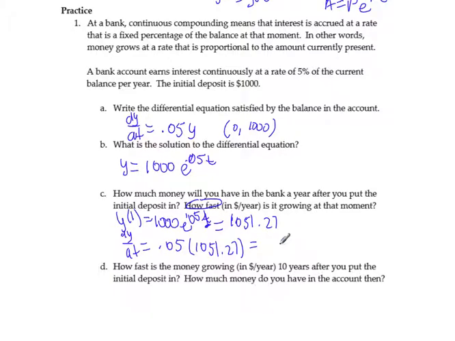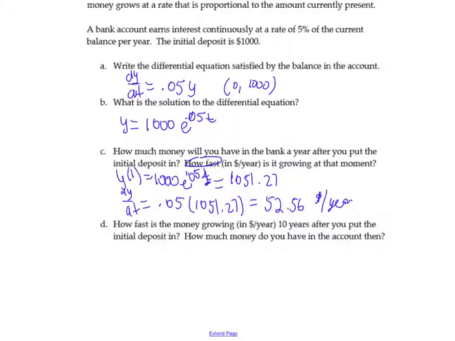And so that equals 52.56, and this is going to be dollars per year, right? So at the end of the year, how fast is your money growing? $52 per year, which is a little bit over the original 5% of 1,000, right? Which made sense.